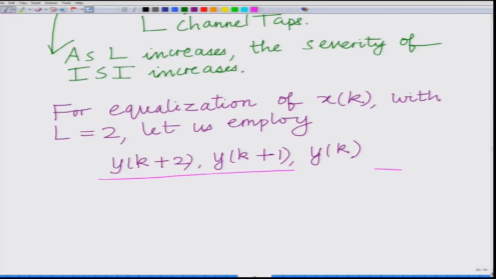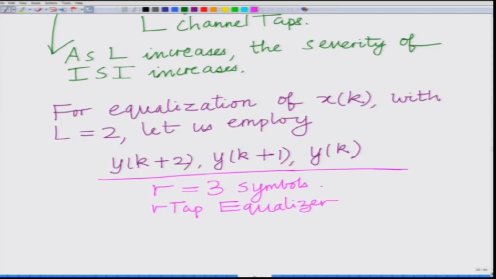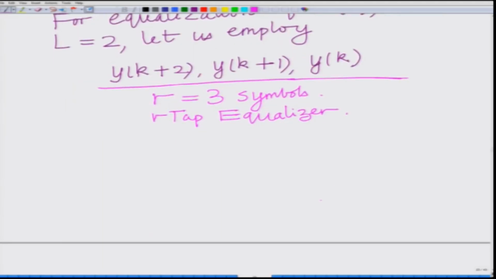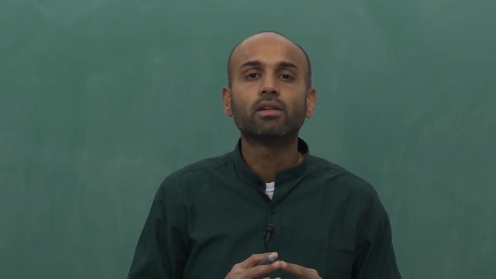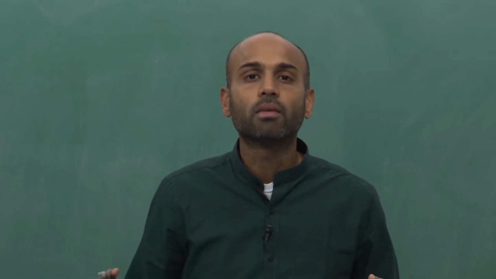So, this is known as a 3 tap equalizer. This is known as an r tap, or a 3 tap equalizer. And what we are going to do is basically linearly combine these symbols to eliminate the effect of intersymbol interference.